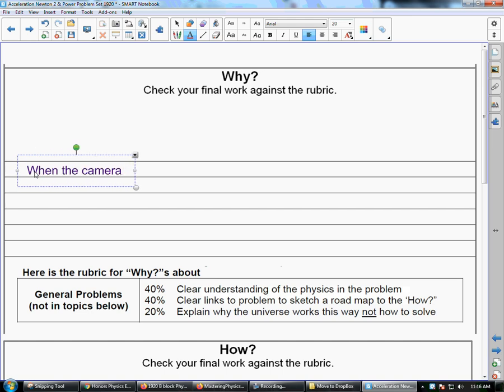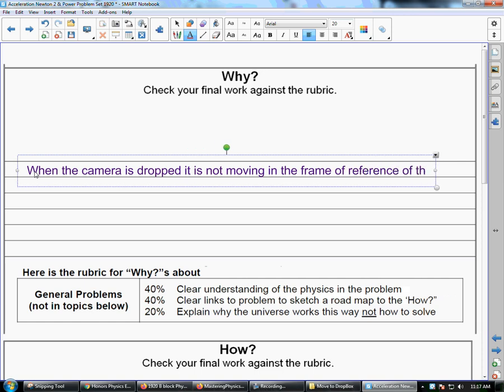When the camera is dropped, it is not moving in the frame of reference of the balloon. Because that's what dropped means, right? Just released. Is it moving in the frame of reference of the Earth?